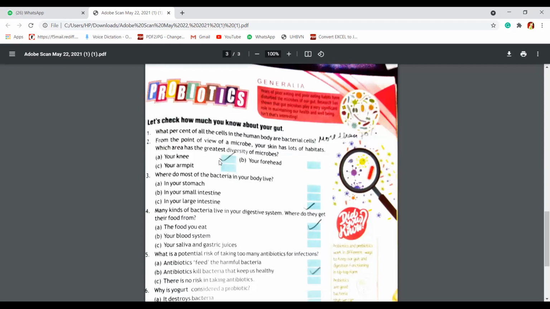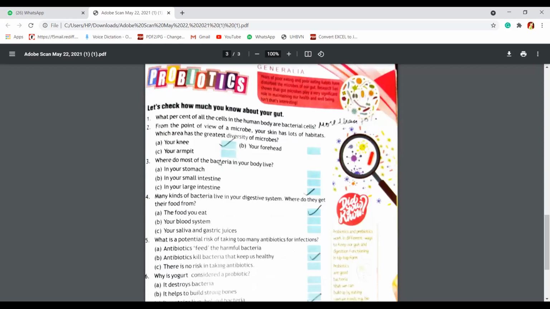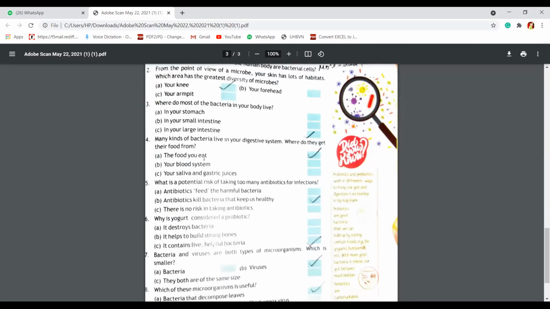It's the knees. Next, where do most of the bacteria in your body live? Most of the bacteria of our body live in our large intestine. The many kinds of bacteria that live in your digestive system, where do they get their food from? They get the food from the food that you eat.